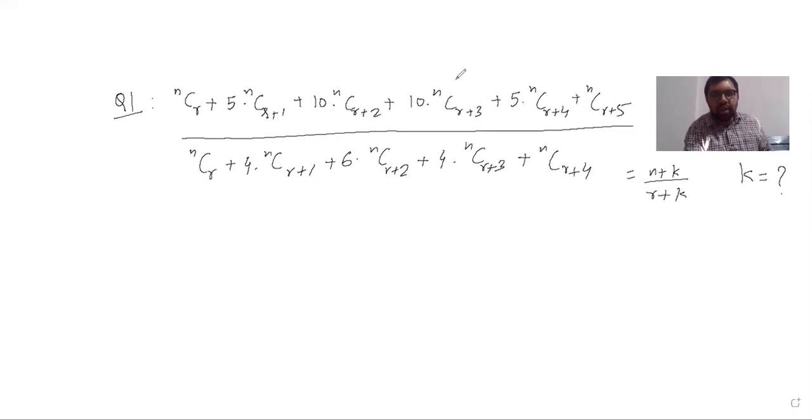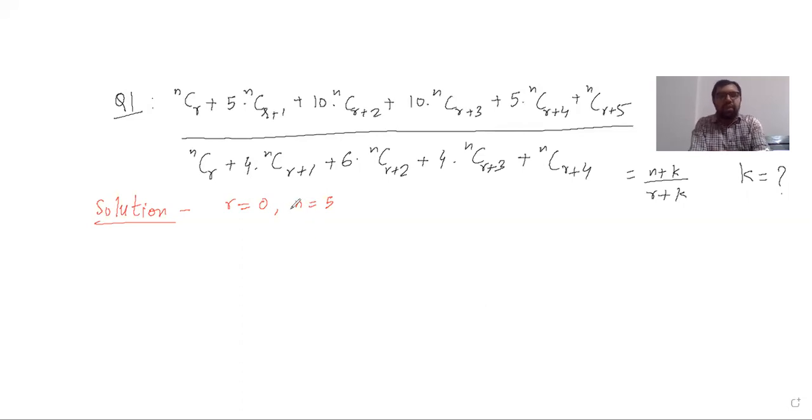In the solution part, for the purpose of simplicity, we will assume r is equal to 0 and n is equal to 5, because in that case our task becomes easier and the question reduces to a very simple form.